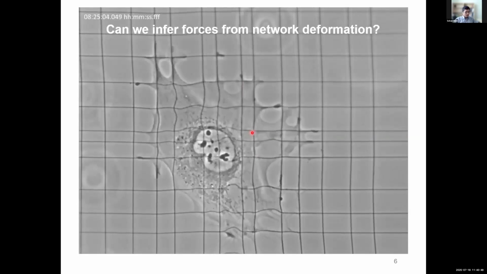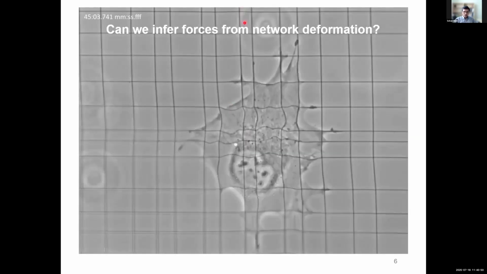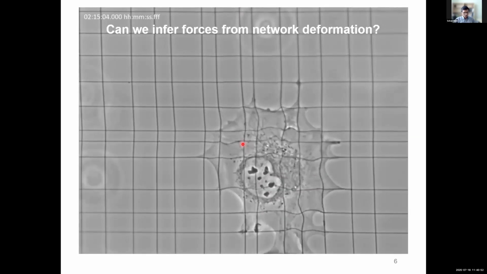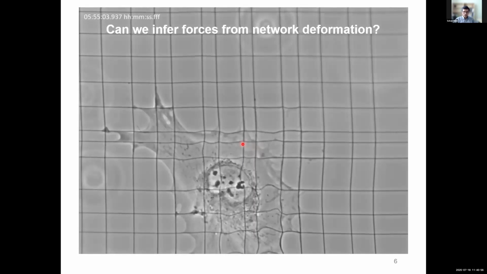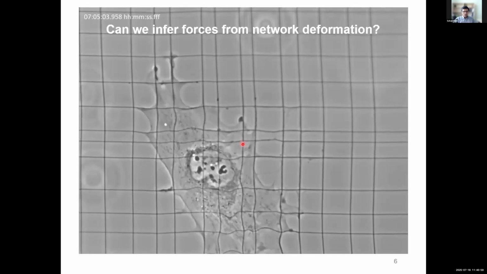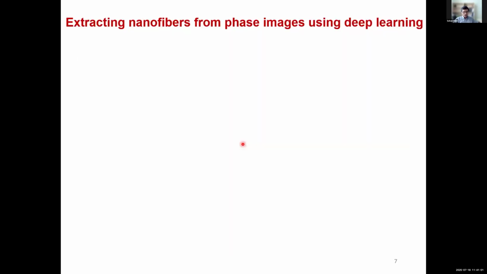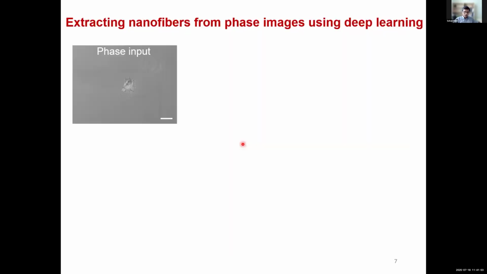First things first, we need to extract the deformation, and having a structured grid really helps to extract the deformation directly from these kinds of images. But to get the fiber images, we took advantage of machine learning.